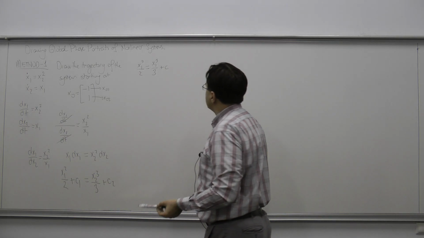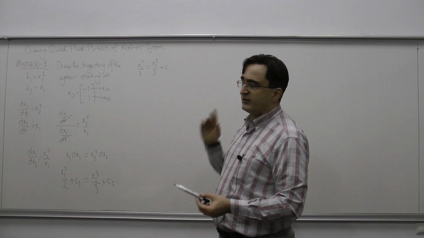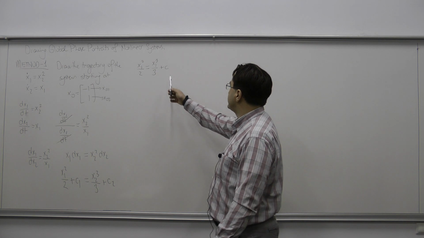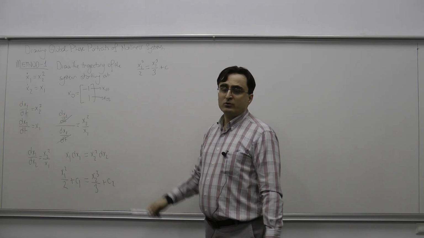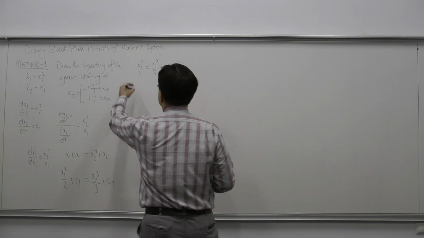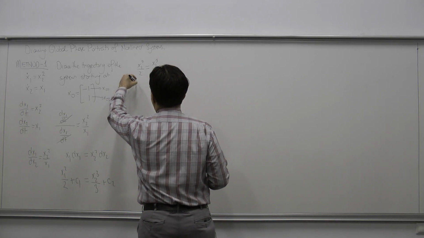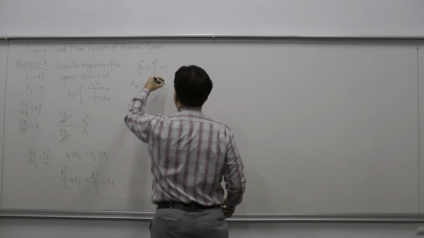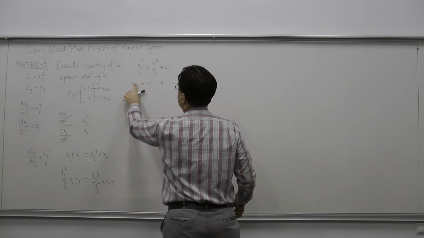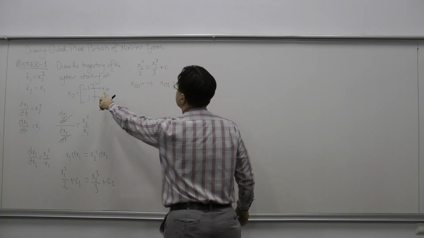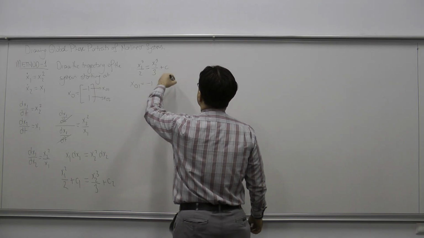Now what I have to do is find that constant. This is the equation of our trajectory, and I need to find this c based on the initial conditions of the differential equation. So here we are given the initial conditions as x1 of 0 is given as -1, and I write this as x01, and this is x02. It is equal to 1.